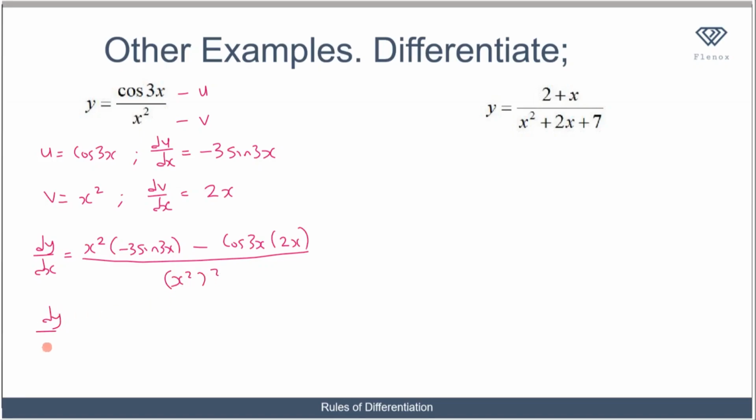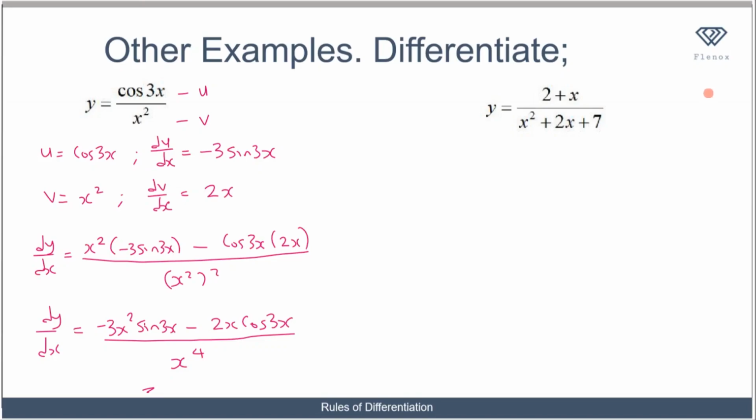So dy over dx becomes what? This becomes minus 3x squared sine 3x, then minus 2x cos 3x over, and this becomes 2 times 2x raised to the power of 4. So when you differentiate this function using the quotient rule, this is what you get.